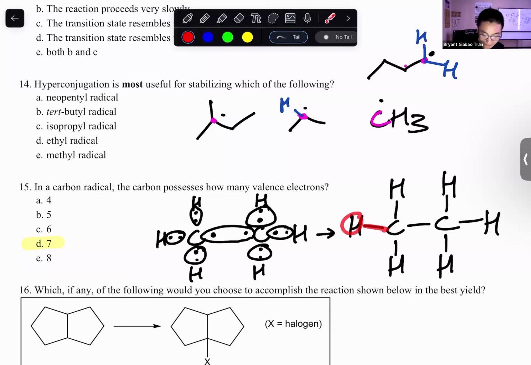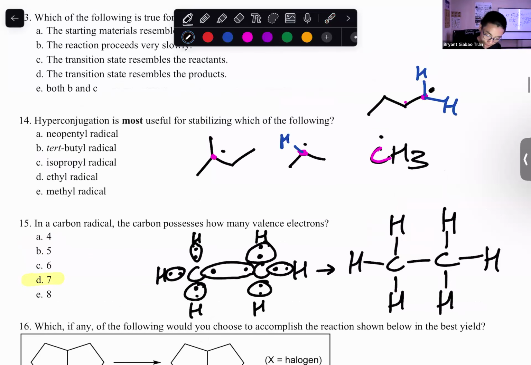So this hydrogen here has 2 valence electrons. This carbon here used to have 4 valence electrons, but when we make the bonds, it has 4 bonds now. It has 8 valence electrons, right? And because it has 8 valence electrons, its outermost shell is filled, and that fulfills the octet rule, right? Which is why this carbon is neutral.